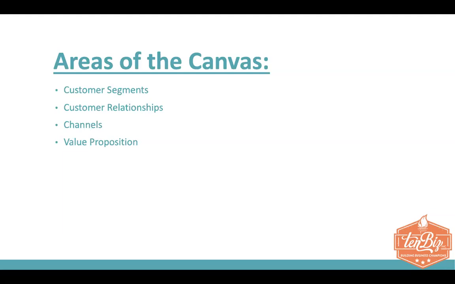It may be a process that you use. It may be an ingredient or a material that you use. It may be a certain function that you provide. But you have to be able to quantify how you are different or unique or special compared to every other alternative that your customers have.